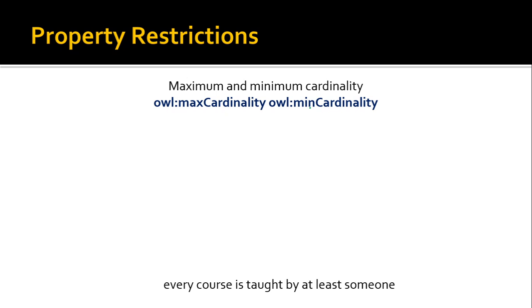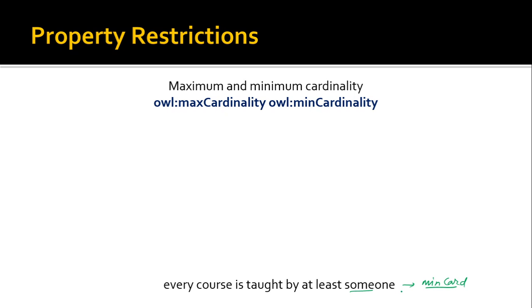Every course is taught by at least someone, right? I'm not saying whether it would be a professor or someone else. So every course should be taught by at least someone. It's a much more generic axiom than the axioms that we have discussed in the last few examples, right? So as we are saying at least, we should model it using min cardinality.